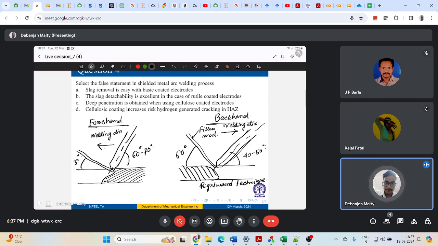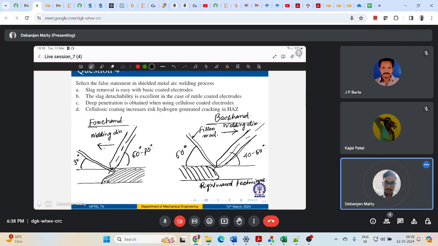And mainly this is used for heavier or thicker base metals, right? Here your weld penetration will be higher, and mostly this is used for thick metals. And you don't need any kind of bevel formation to fill those gaps, right? So this technique involves lower cost of welding than the leftward technique, right?